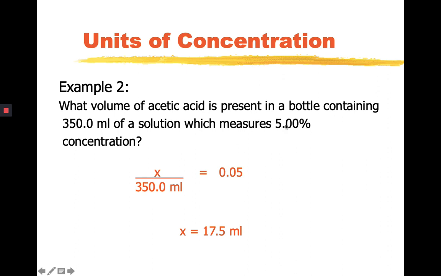Just move the decimal point twice to the left, practically dividing by 100, so that you end up with 0.05. You are given the total volume of the solution, and what you have to look for is the volume of your solute, x. When you cross multiply, x is equal to 0.05 times 350 mL. So the volume of acetic acid is 17.5 mL.